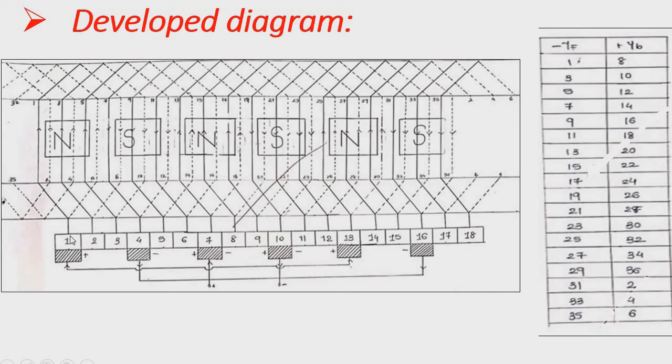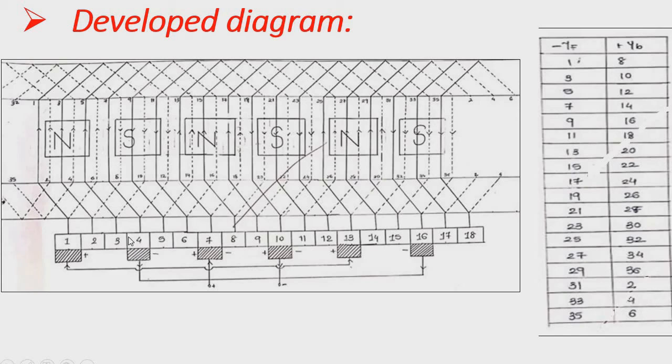So provide commutator 1 over here, then commutator 2, 3, 4, 5, 6, 7, 8, 9, 10, and we know that there are 18 coils, so the total number of commutators is also 18. So these are the commutators.